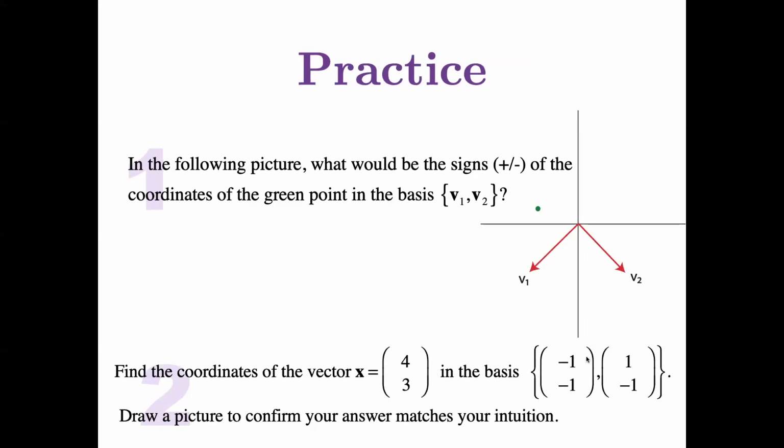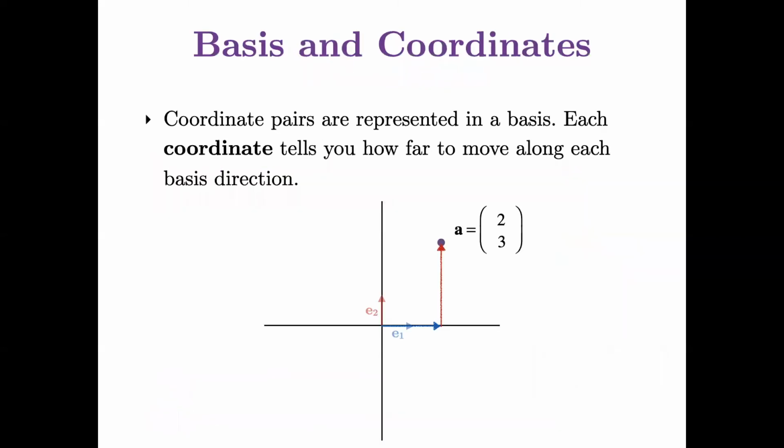The second question, find the coordinates of this vector x in the following basis. What you need to think about with both of these problems is just the definition that we're getting at here, which is that each point can be written as coordinates times basis vectors.